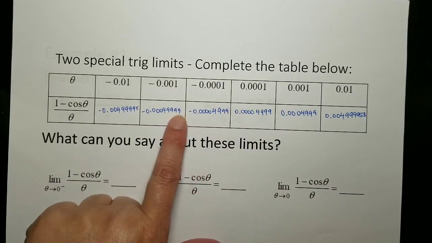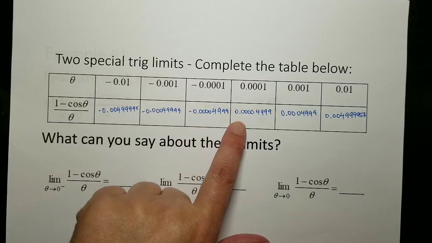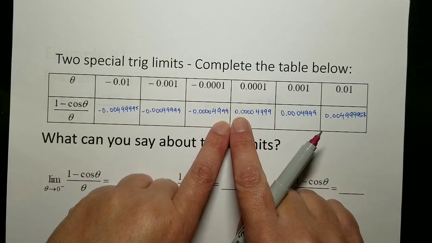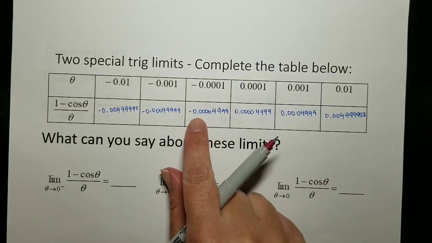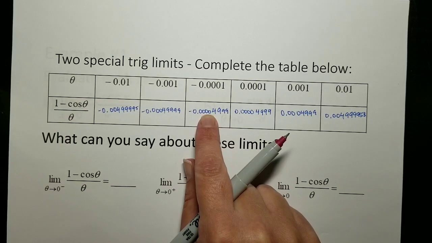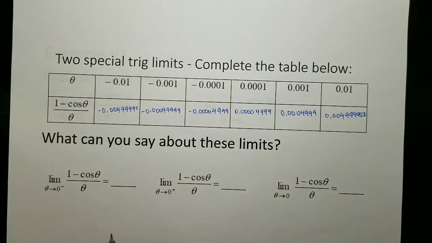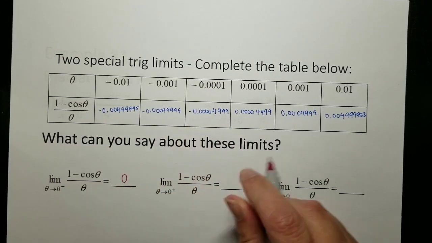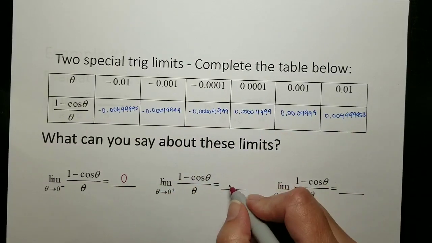As we increase towards 0, the values are getting smaller and smaller negative. And here we're getting smaller and smaller positive. So we're getting closer and closer. And again, you see a neat pattern. Every time you add a 0 here, you get another factor of 10 closer to 0. So we see that this is going towards 0 and this is going towards 0.